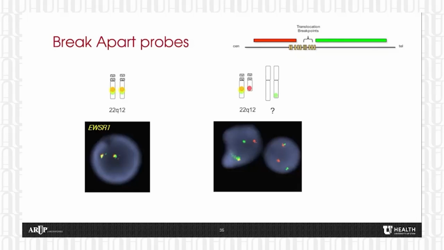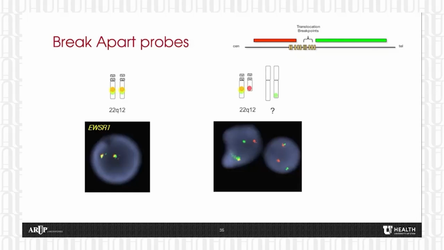So a normal cell would show 2 yellow or 2 fusion signals. But then if there's a translocation, these green and red signals will separate. So this is a classic abnormal signal pattern where you have 1 yellow, which is 1 fusion, and 1 red and 1 green, which shows that a rearrangement has happened and these 2 probes are separated.